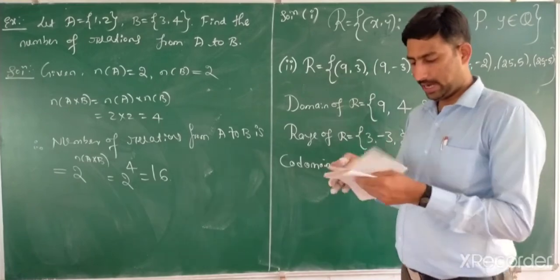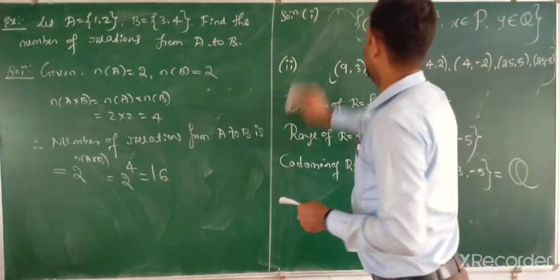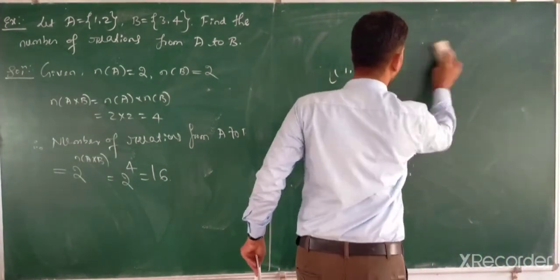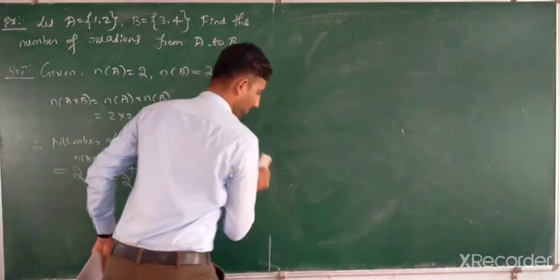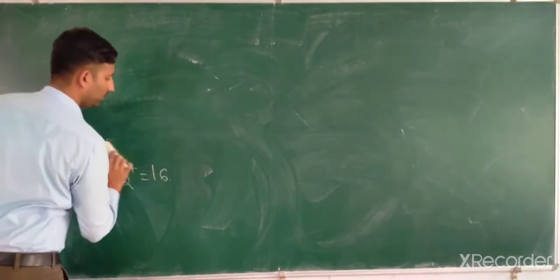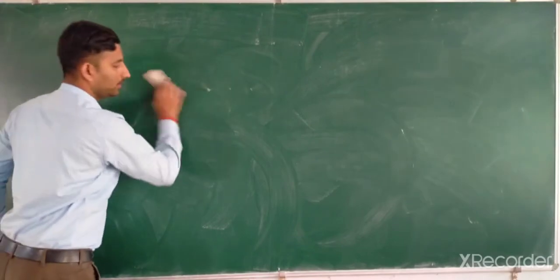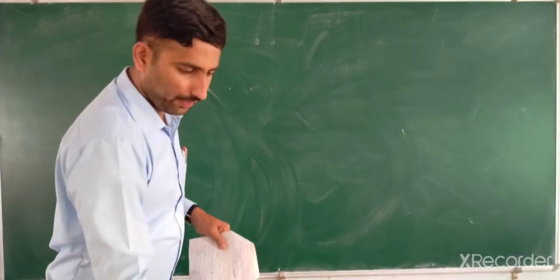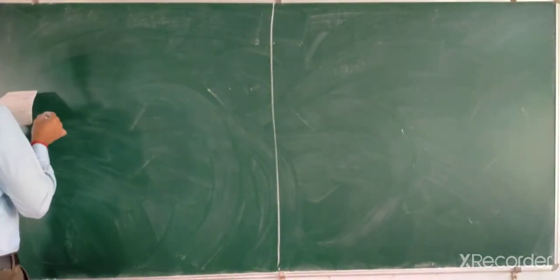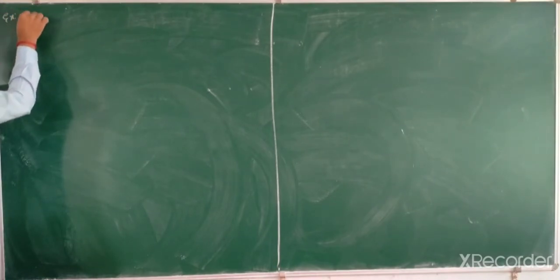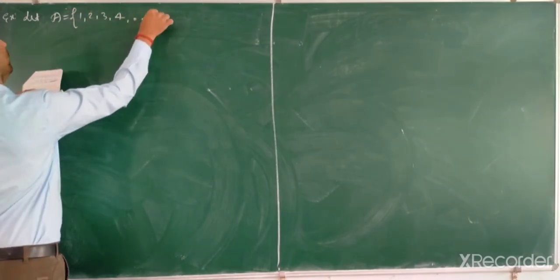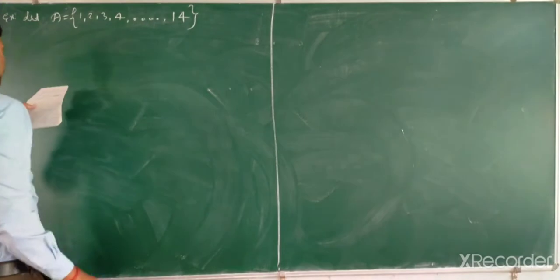I will write one more example. Example. Let capital A is equal to {1, 2, 3, 4, up to 14}.